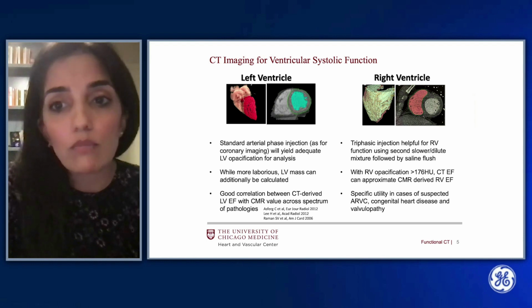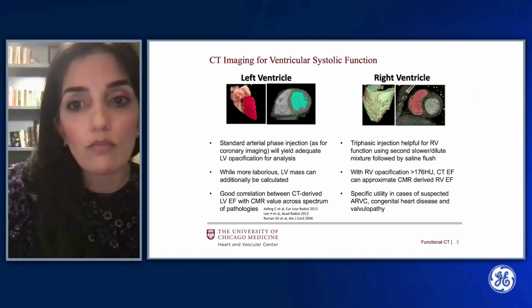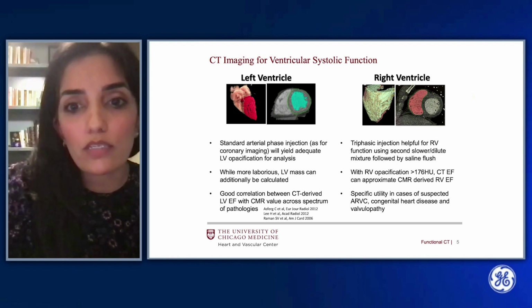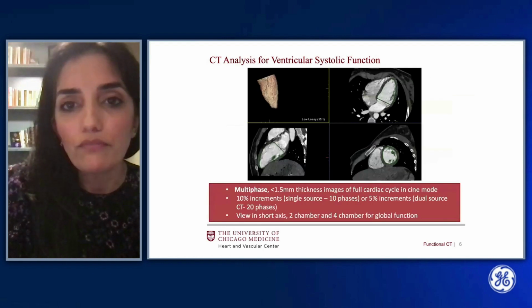This generally can be done using a triphasic injection, and when adequate opacification can be achieved with the right ventricle, studies have shown that it can approximate with good correlation cardiac MRI-based RV ejection fraction estimates. This can have specific utility in the evaluation of patients with suspected ARVC, congenital disease and valvulopathy, or even in cases where echo is unable to visualize RV function.